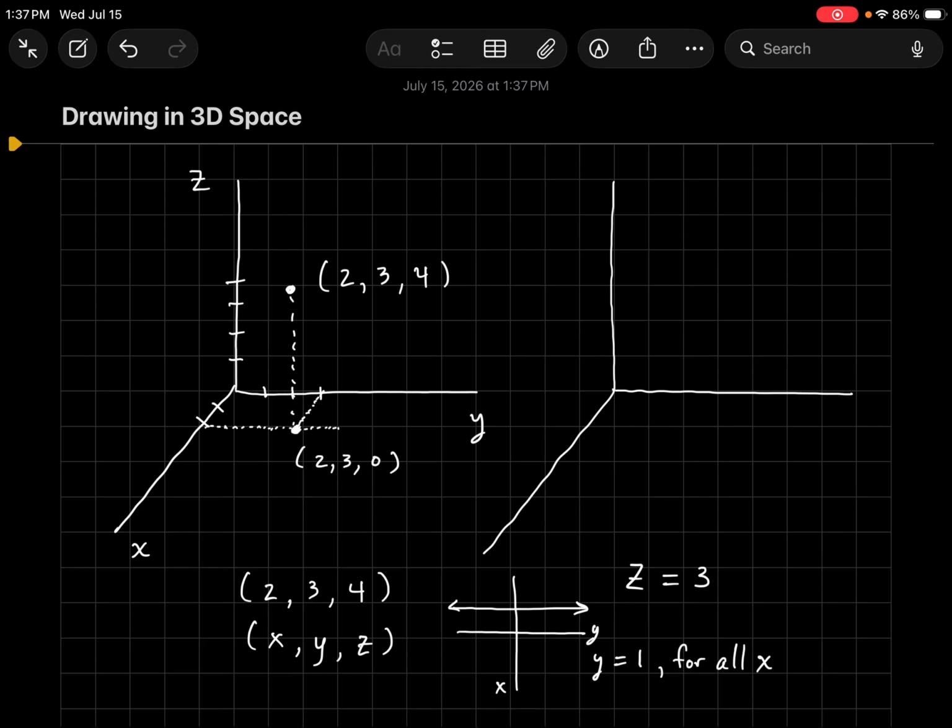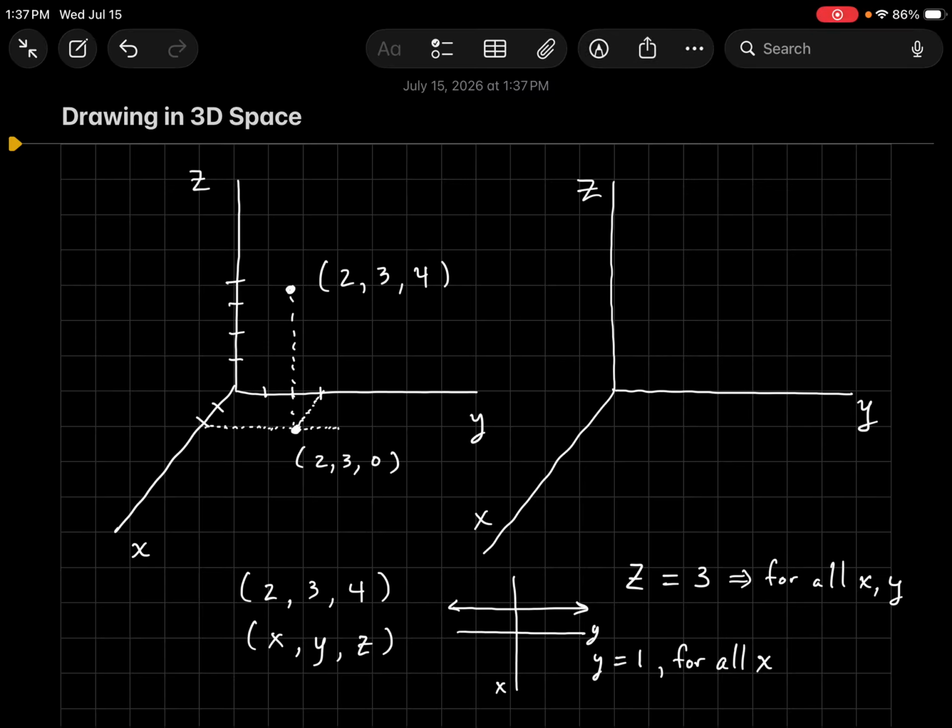So similarly, if I'm in three-dimensional space, and let me write my x, y, z in again to remind us where the x, y, and z are. When I say z equals 3, this implies for all x and y.